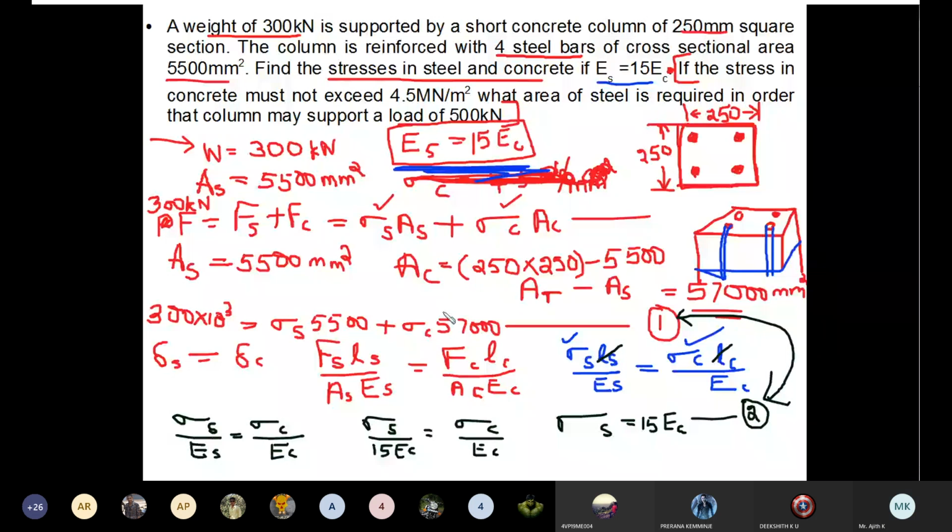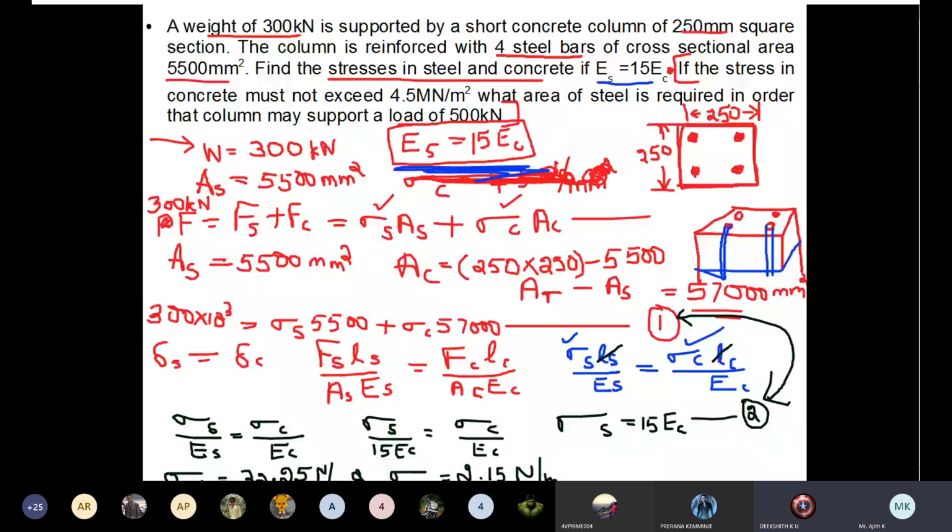You can simplify this and get the values of sigma S and also sigma C. By comparing equation 1 and 2, you will get sigma S is equal to 32.25 Newton per mm square, and sigma C you will get 2.15 Newton per mm square.